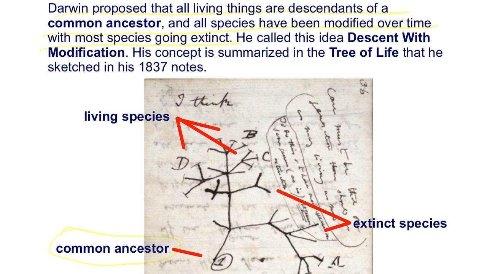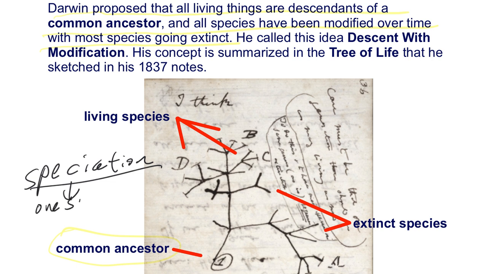Now, again, speciation, we haven't said how this happens yet, but speciation is when one species turns into another species over time, or several other species over time.